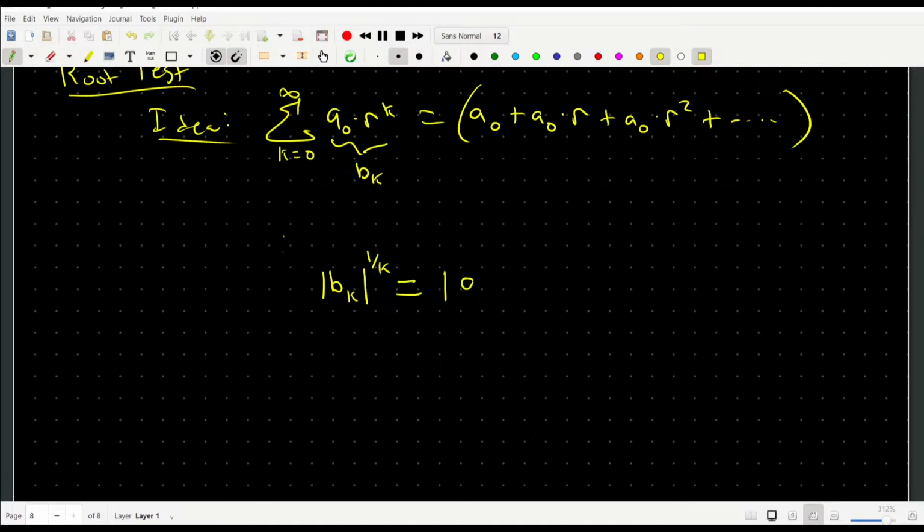So the absolute value is going to be the absolute value of a naught times r to the k.